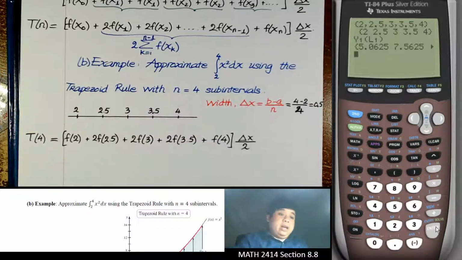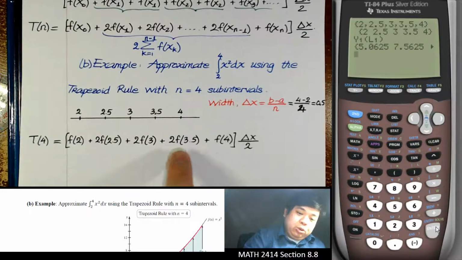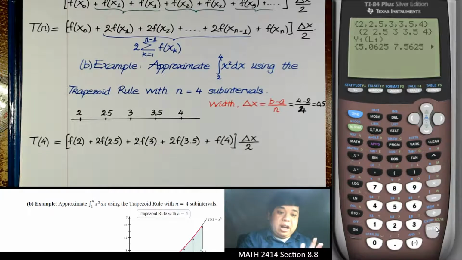The only problem here is we have 1, 2, 2, 2, and 1. The coefficient, that is.